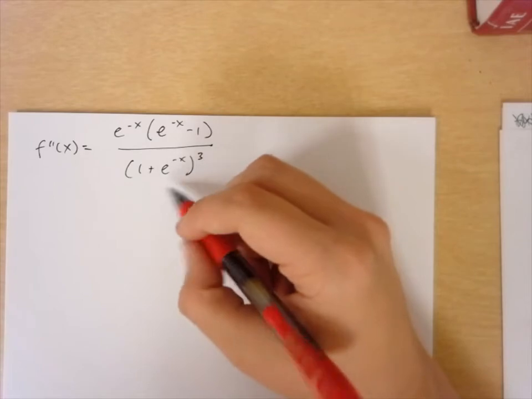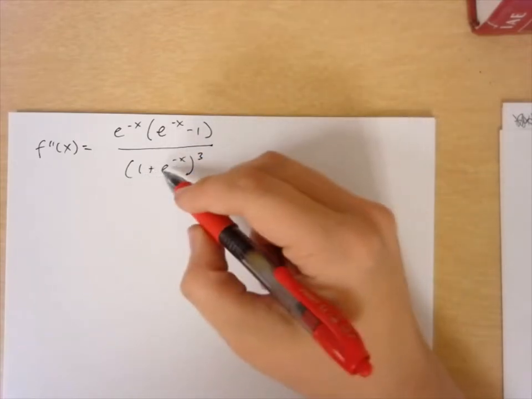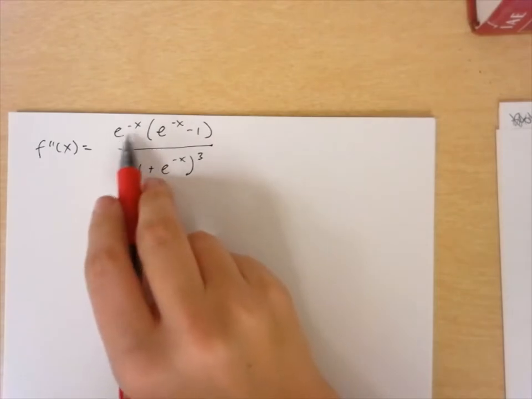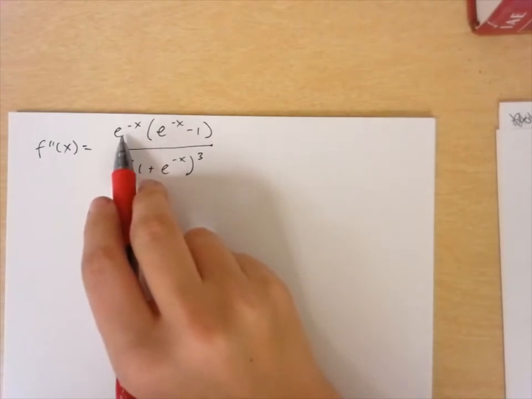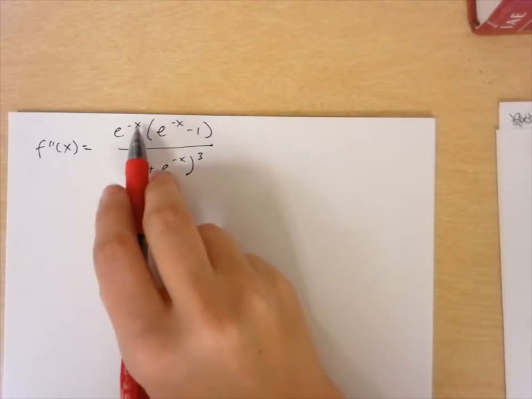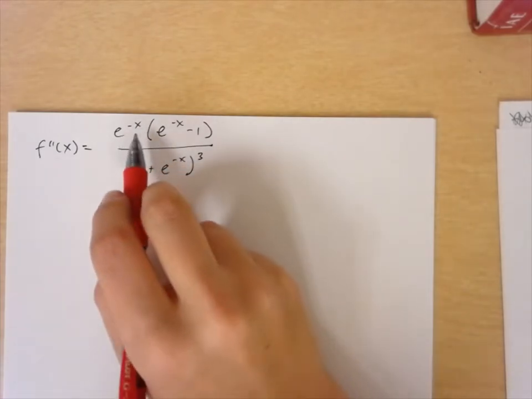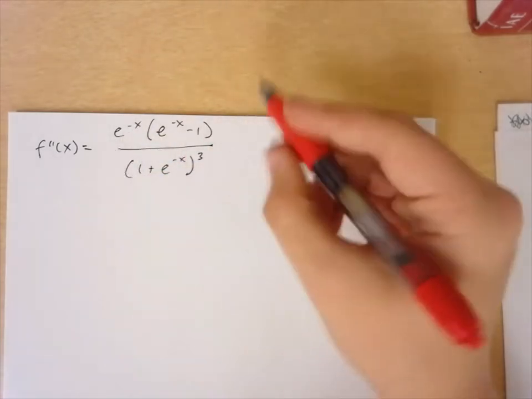I wouldn't have any vertical asymptotes. That's not going to get me anywhere. I understand also that this factor, this e to the negative x, I'm not going to get a 0 out of that. I'm not going to get a critical number from that because there's nothing I can throw in for x that would make me a 0. That just doesn't happen with exponents. I can get a small number, but I won't get 0.